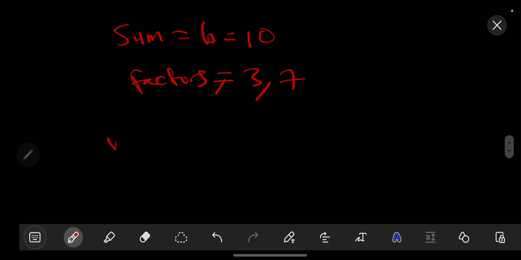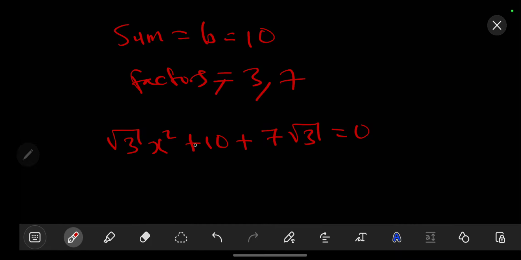So you can have the square root of 3 x squared plus 10x plus 7 square root of 3. From here we are going to replace our factors. I prefer you begin with the one that is similar here, and 7 is similar there, so you follow them like that.